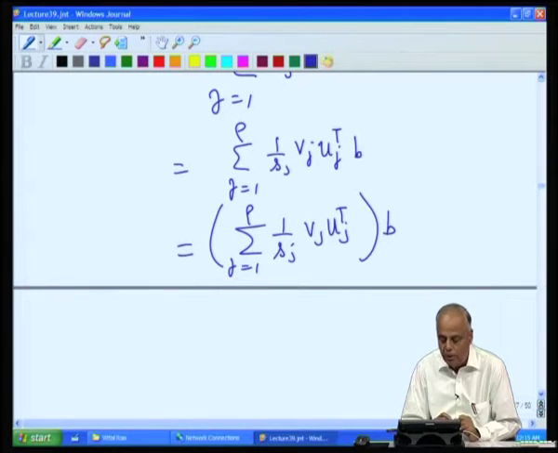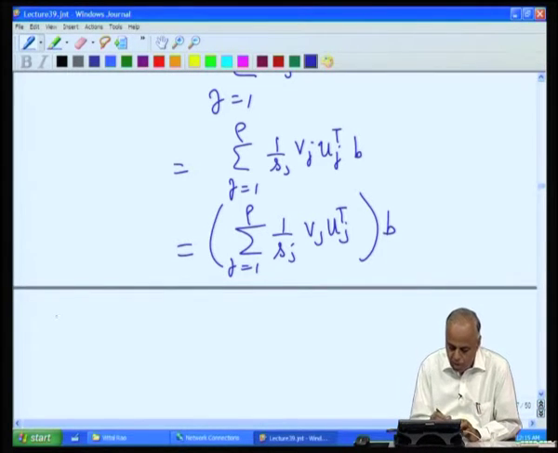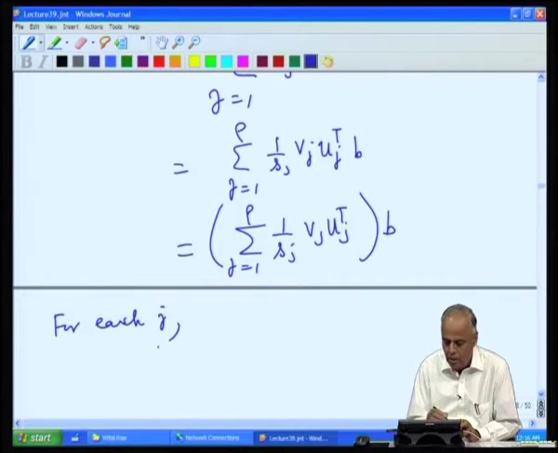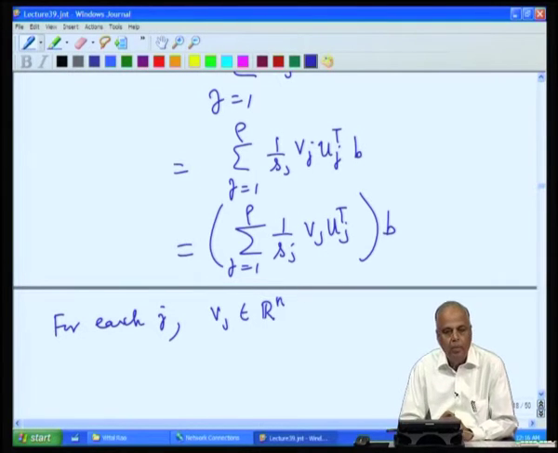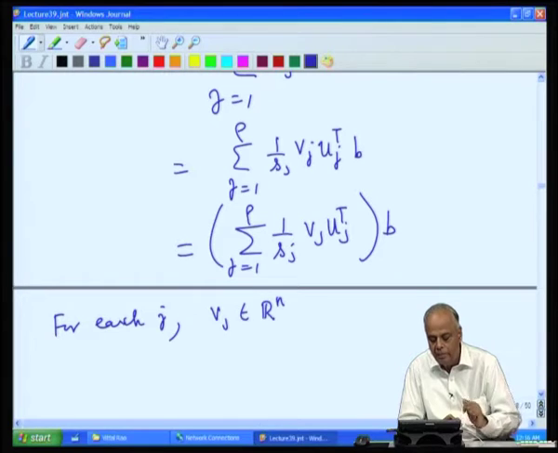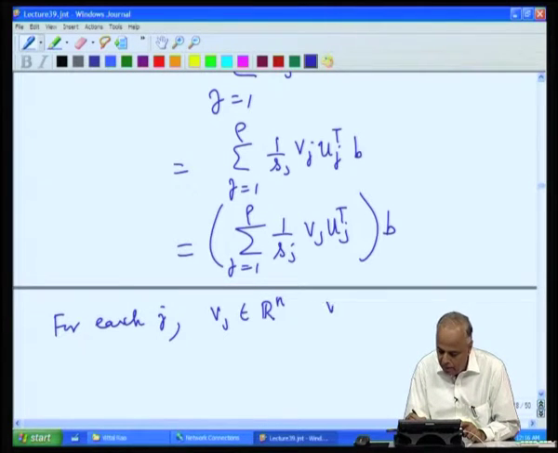Now, look at what is inside. For each j, V j belongs to R n, because V j were a basis for the range of A transpose, therefore they are living on the R n side, and therefore V j is n by 1.